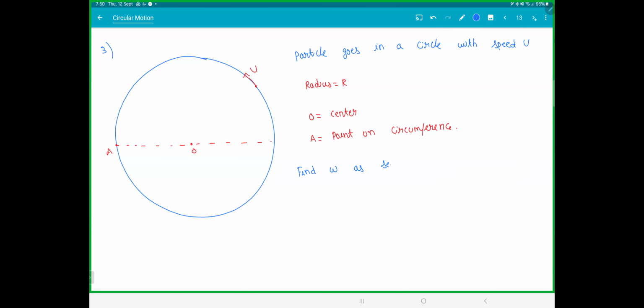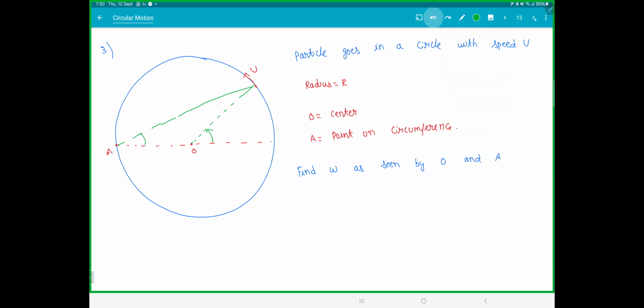So the same particle can have different omega depending on who is seeing it. Why? Think about it. When you ask O to look at it, what angle will he look at? He will look at this angle. If you ask A to look at it, what angle will he look at? He will look at this angle. Both angles are different. They're looking at two different angles of rotation.